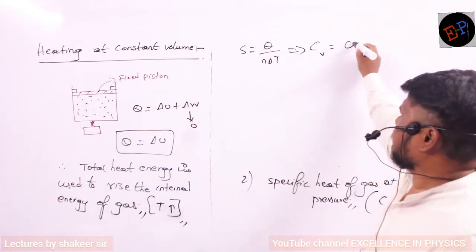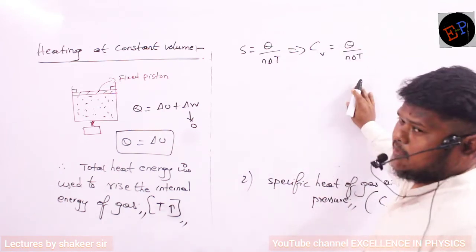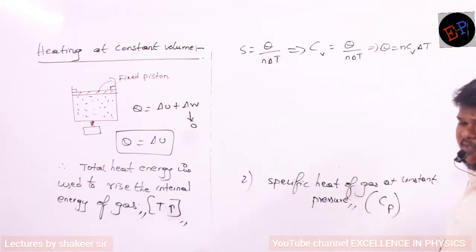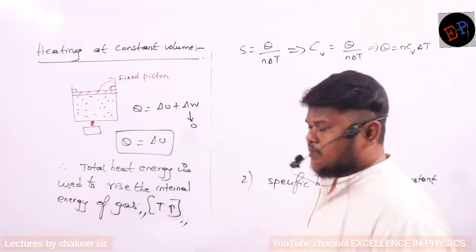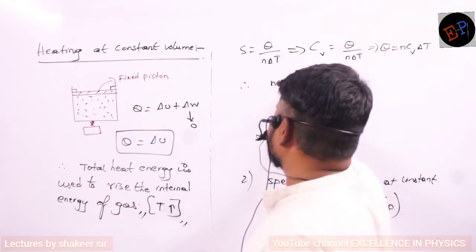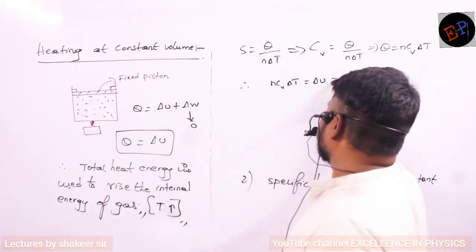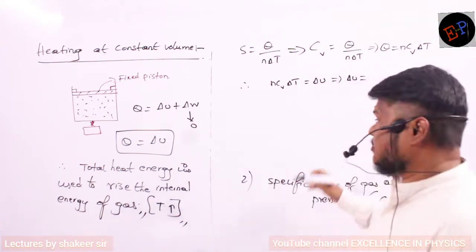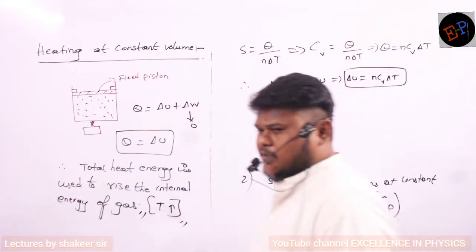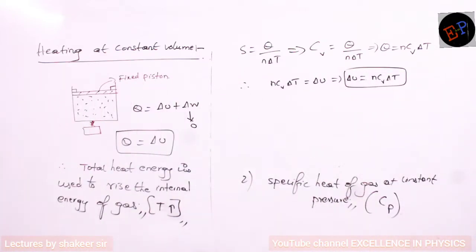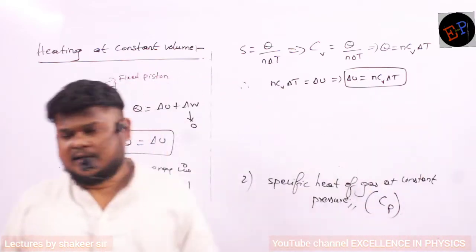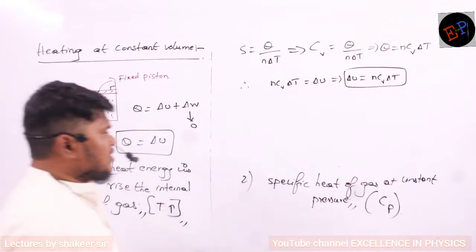CV is equal to Q by n delta T. Therefore, Q is equal to n CV delta T. Take this value and substitute in the first equation. Q, which is n CV delta T, is equal to delta U. Therefore, change in internal energy is nothing but n CV delta T. This is a very, very important relation. So what is the equation for change in internal energy of the gas? It is nothing but n CV delta T. Okay. What is delta U?